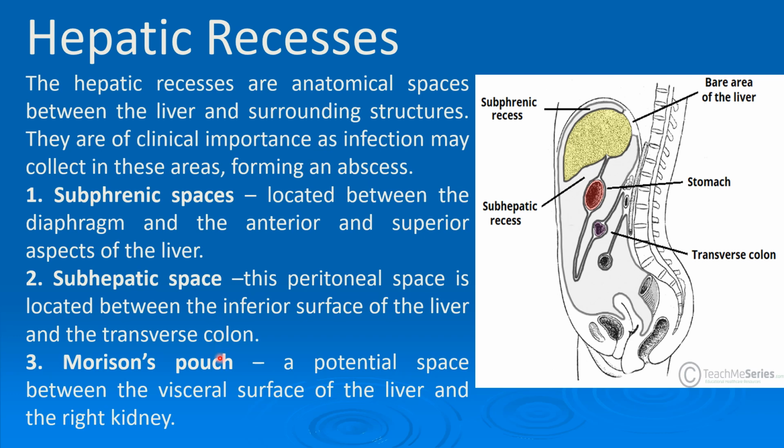Then Morrison's pouch is a potential space seen between the visceral surface of the liver and the right kidney. This is the subphrenic recess, above the liver under the diaphragm. This is the subhepatic space, under the liver above the transverse colon.